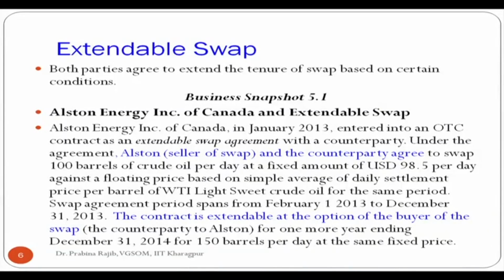Standing today with respect to January 2013, if this contract is still valid, then you can see in hindsight that Alstom Energy is making a good amount of money, because with the declining WTI crude oil price, Alstom will be paying a very low price as compared to the fixed price. So $98.5 per barrel is much higher than the prevailing price of crude oil.